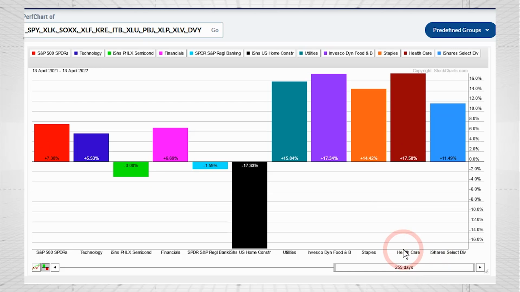So we look at 1 year, and it's a little more mixed. We can see that SPY is up, but technology is up less. Financials are up less. Semis are actually down over the past year. Regional banks are down. Housing is down a whopping 17%. All of the defensive groups are outperforming. So this tells me we have a risk-off environment in the market, and that influences my price chart analysis.